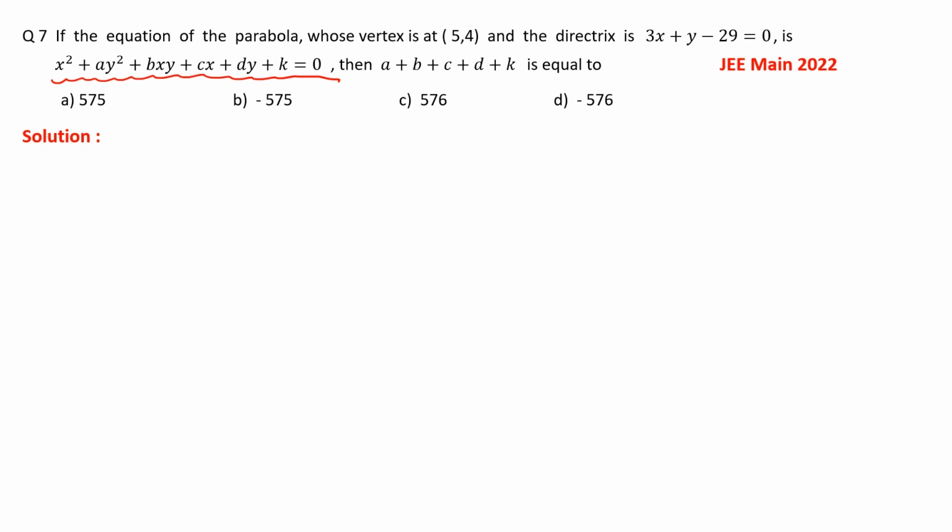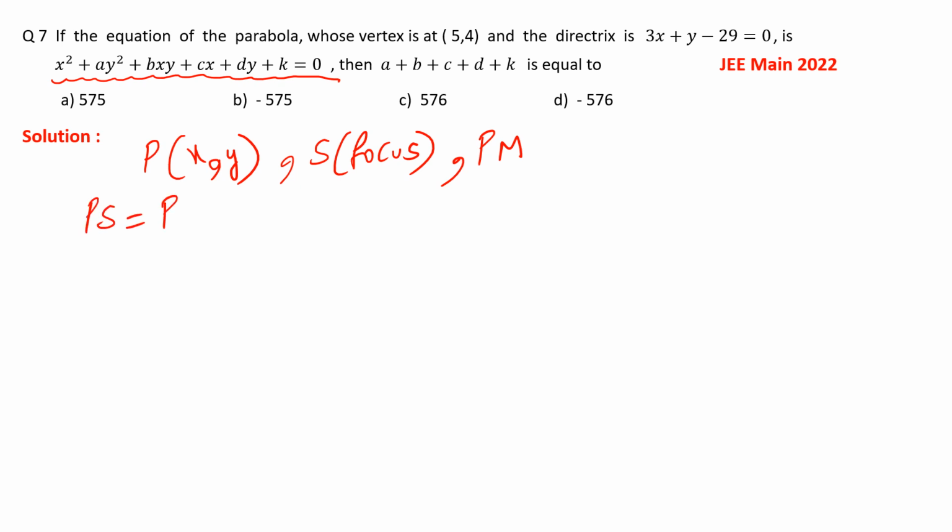Suppose I call the moving point P with coordinates (x, y), S as the focus and PM as the distance of P from the directrix, then I can write the equation of the parabola as PS = PM.